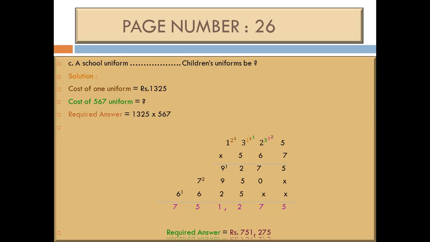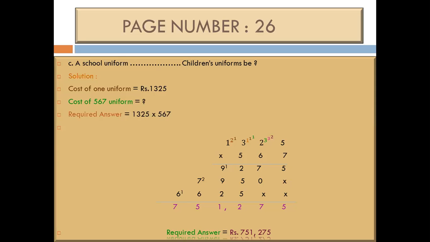Now the turn of our answer. 5, 7. On the tens place you see there are 3 digits: 5, 5 and 2. 5 plus 5, 10 and 2, 12. We write here 2 and we carry 1 over there. 9 plus 9, 18. 18 and 2, 20 and 1, 21.